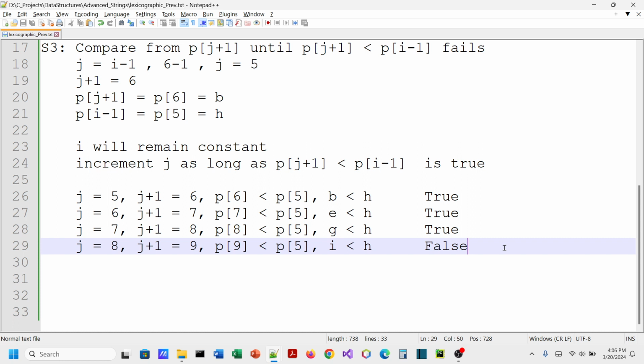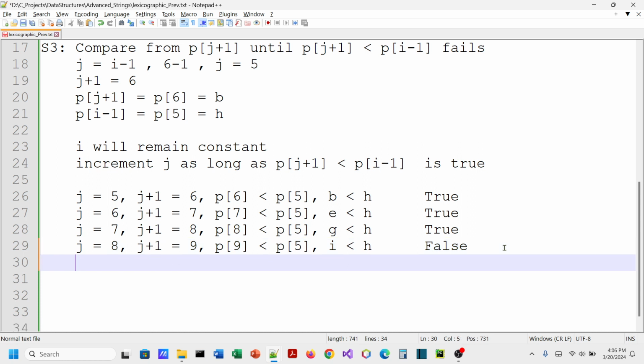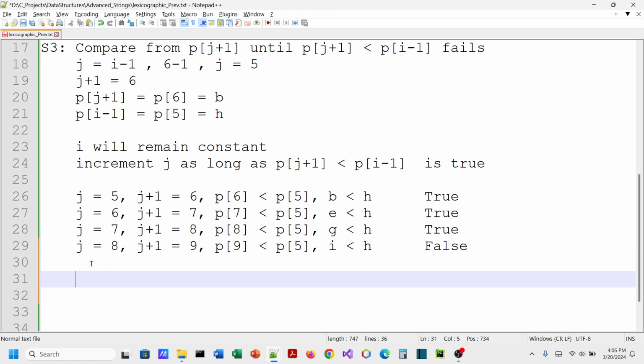Now, where the condition fails, what we need to do is mark this particular j where it failed, and obviously i we know. So let me do a marking here as part of another step, say S4.